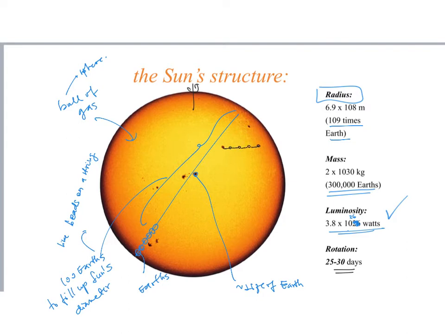Okay, and it's going to take roughly 30 days for that sunspot, if it's going to survive, to come back, right? So yeah, it's going to move every day like this, so we can observe that rotation.